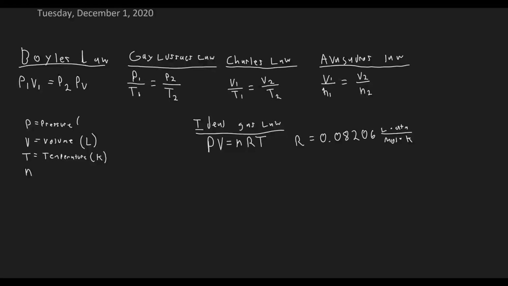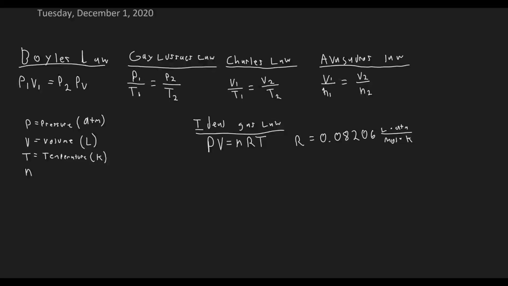Pressure, well, pressure could be in anything, but if we're going to use this gas constant right here, we want pressure to be in atmospheres. But I want to say that you guys should not feel restricted to any specific unit, because if you're familiar with the units, you should be able to bounce between them.